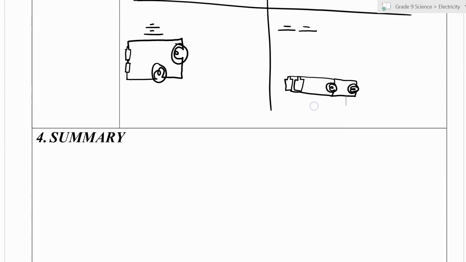So let's summarize here. Electricity is the flowing of electrons.